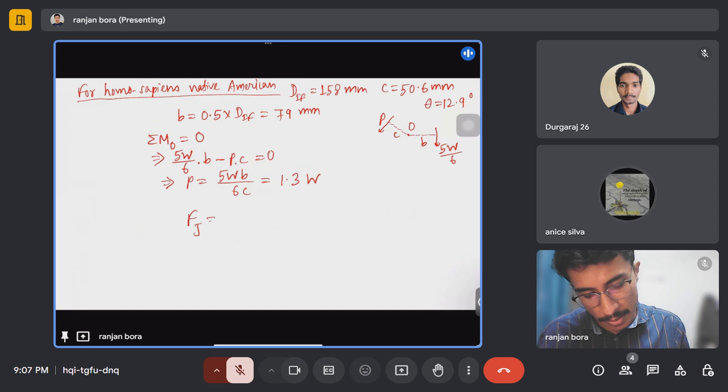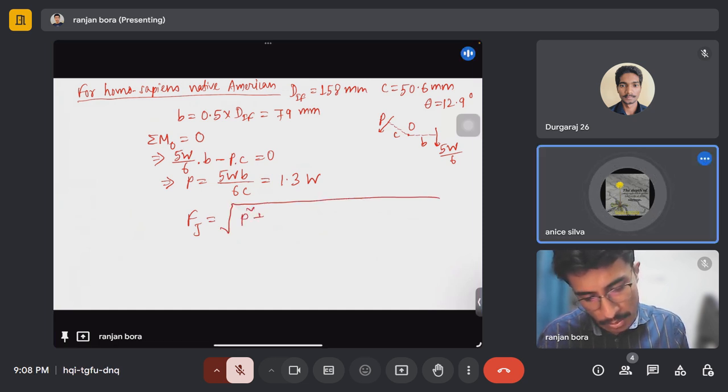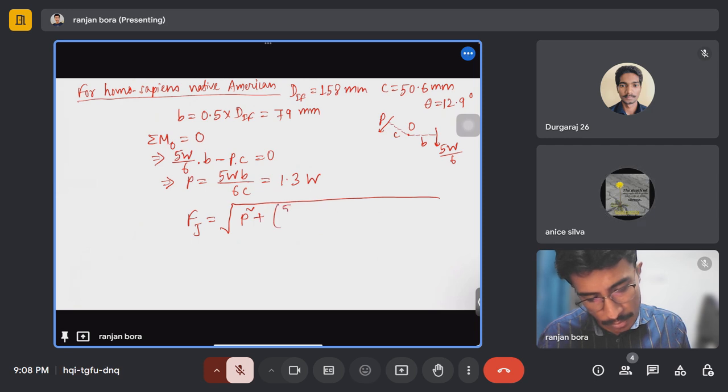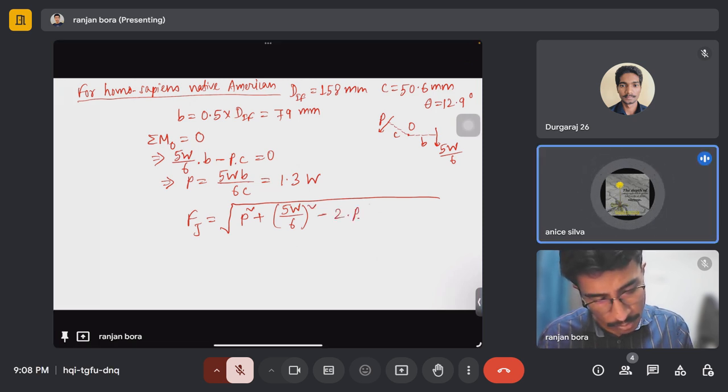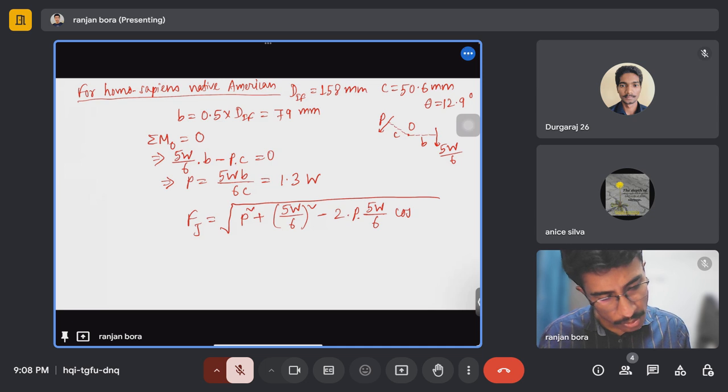Fj will be the square root of P square plus W square minus 2 P W cos 165.